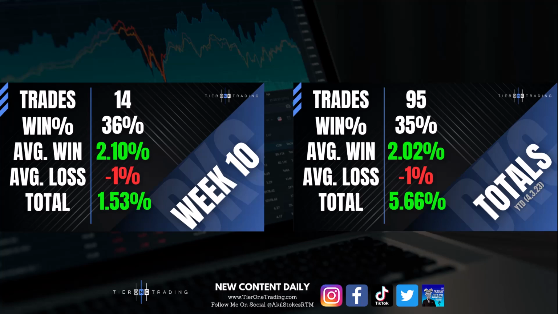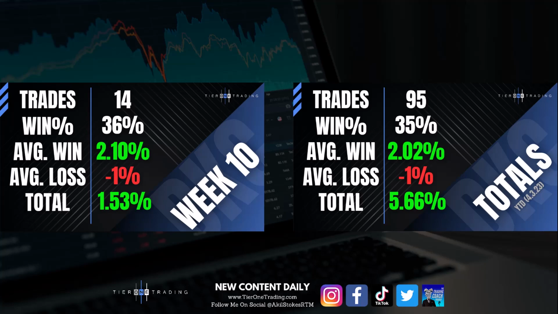What that does for us for the year is it puts us at about 95 trades, so just about at that 100 mark already. You can see a pretty high frequency trading strategy. It is on the 15-minute chart, so it is more of a day trading strategy. Win rate is 35%, which is, again, that expectation. Anywhere between low to high 30s, like 32 to 37, is what I would expect.